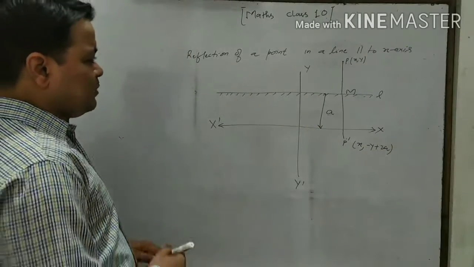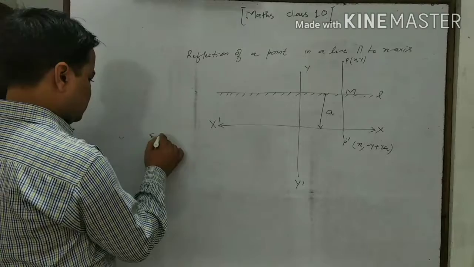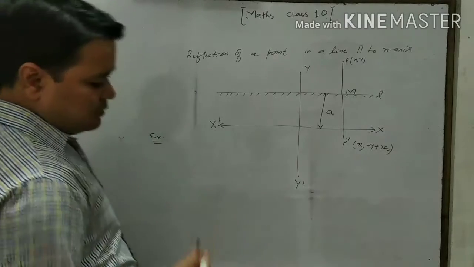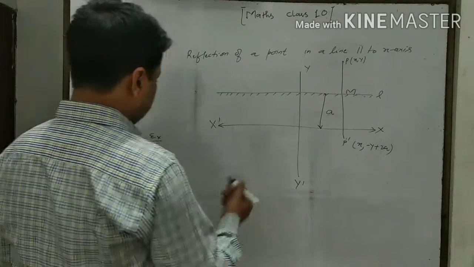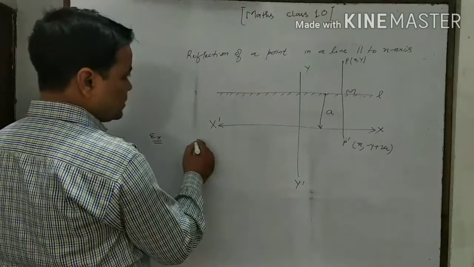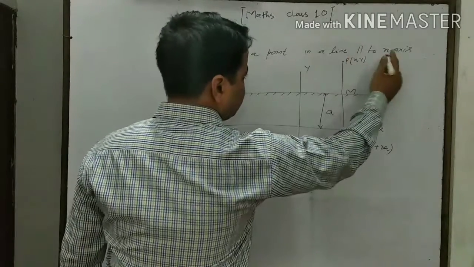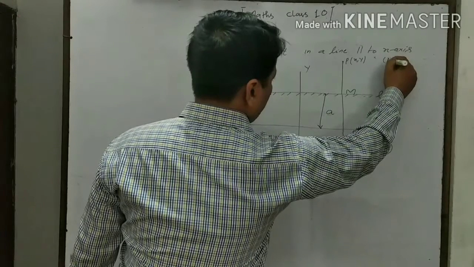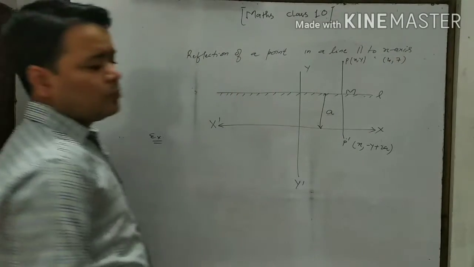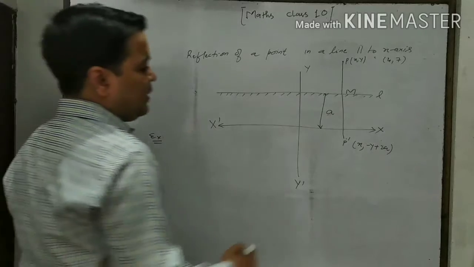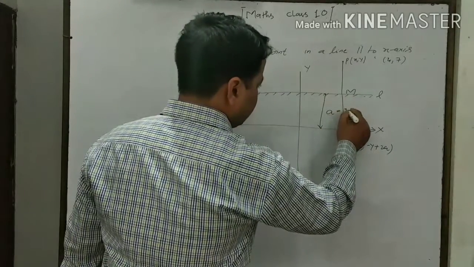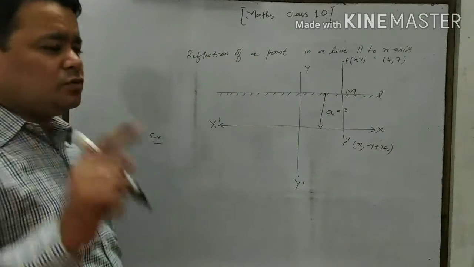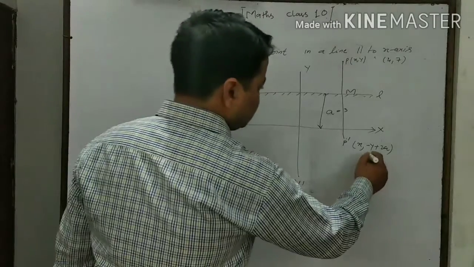Okay, for example, if we have a point whose coordinate is, let's say, (4, 7), and a is equal to 3, then what is the coordinate of the image?